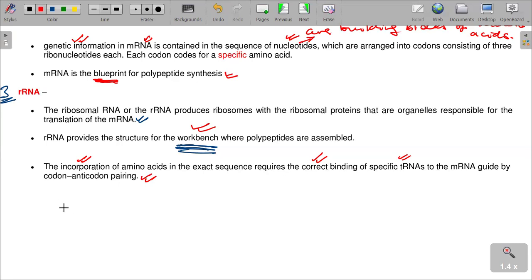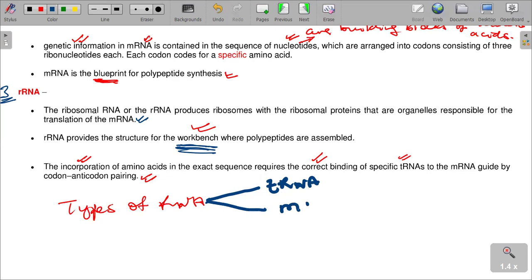In summary, of the types of RNA, we have three of them, which I can easily identify to you right now: the tRNA, the mRNA, and then finally the rRNA. So these are the three main types of RNA that we are expected to know.